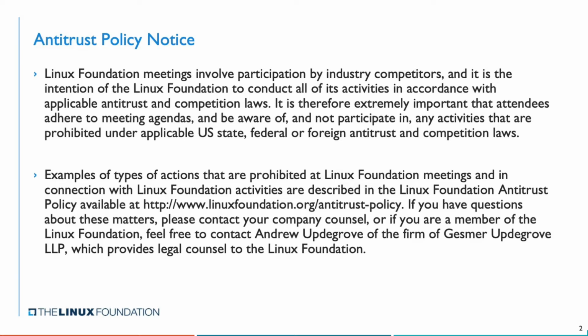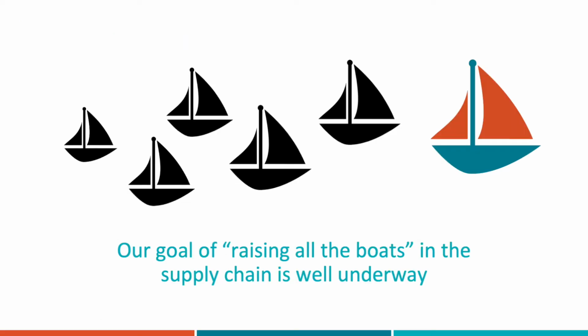So the automation case study is part of the larger mission of OpenChain of raising all the boats in the supply chain. The purpose of our ISO standard, our work groups, and our reference material is to help every company improve how they do open source compliance.